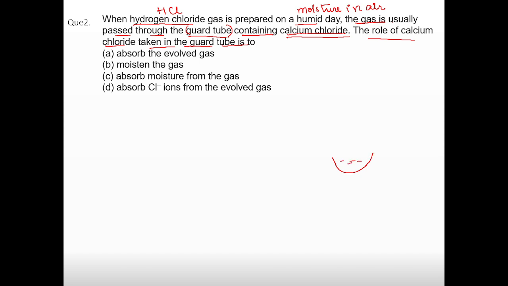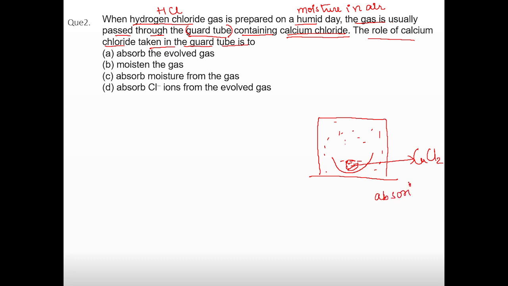Whenever you keep this calcium chloride and keep this vessel closed, with a lot of moisture in it, you'll find that this calcium chloride, that is CaCl2, plays a very important role in absorbing the moisture.